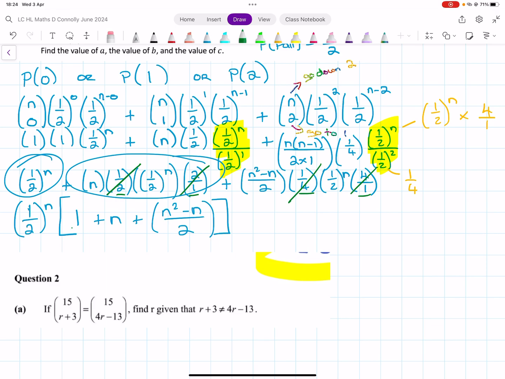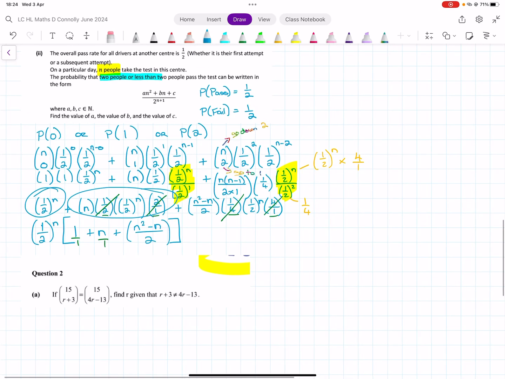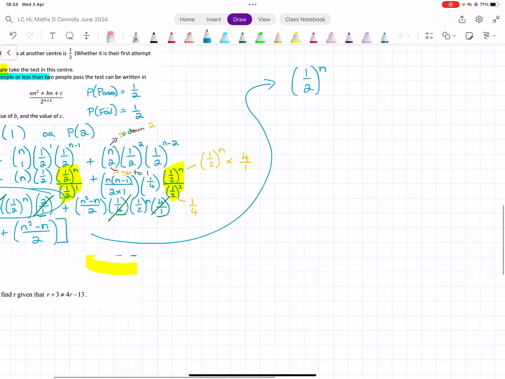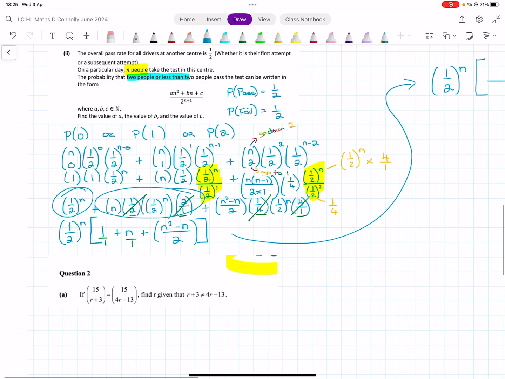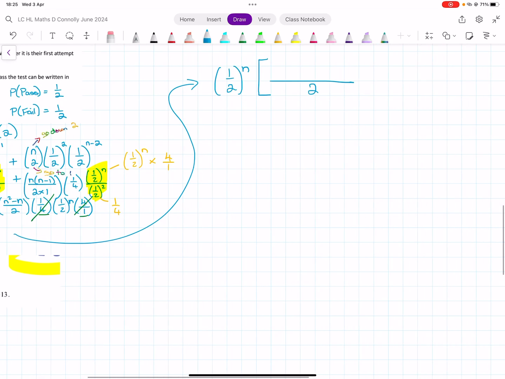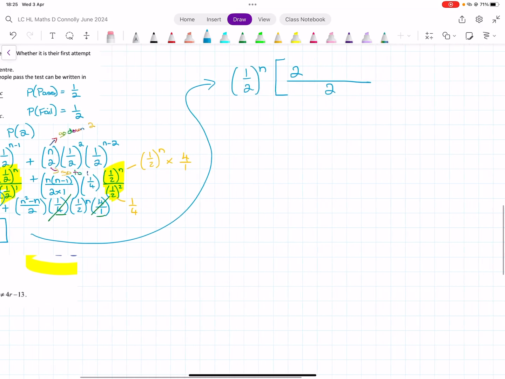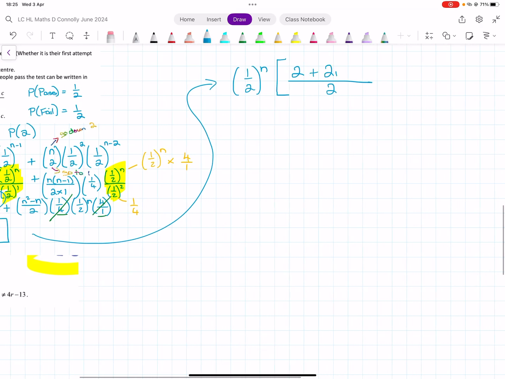Okay, can I common denominator what's in the bracket here? So I have a half to the power of n on the outside, which I'll deal with in a minute. Common denominator here is going to be 2. The 1 becomes a 2, just multiply it by 2. 1 to 2 goes twice. 2 by n is 2n.